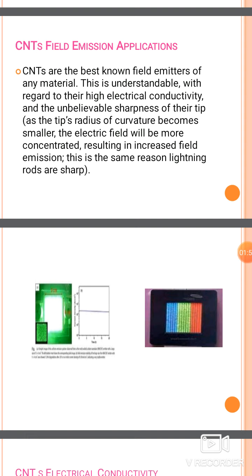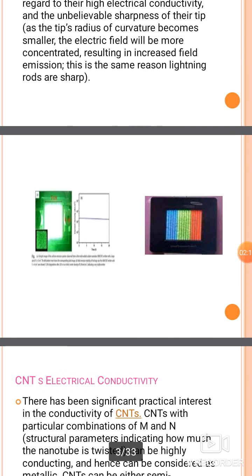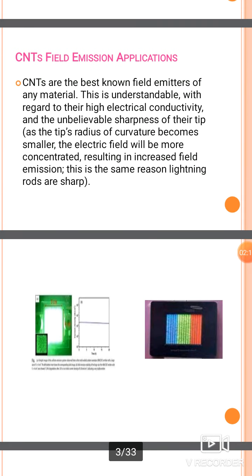As the tip's radius of curvature becomes smaller, the electric field will be more concentrated, resulting in increased field emission. This is the same reason lightning rods are sharp, and this is a small example for the CNT field emission application.